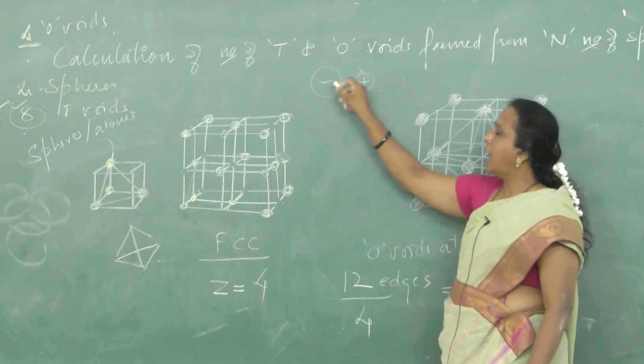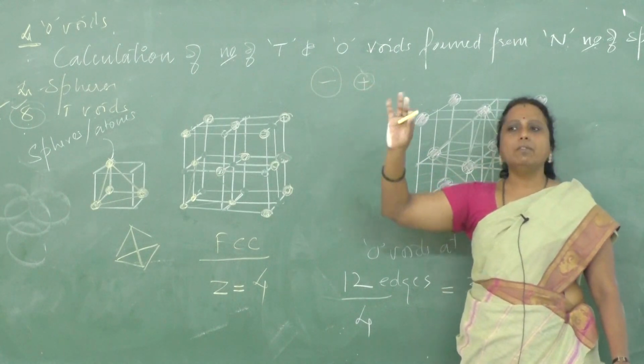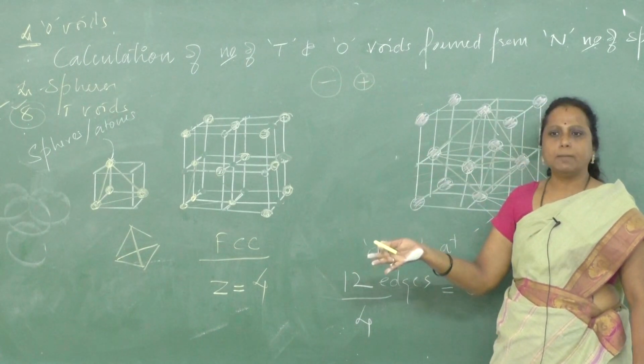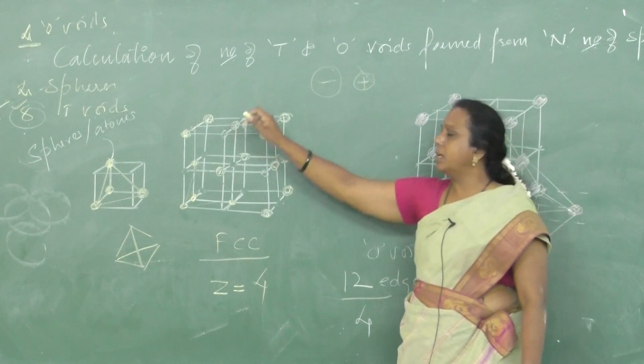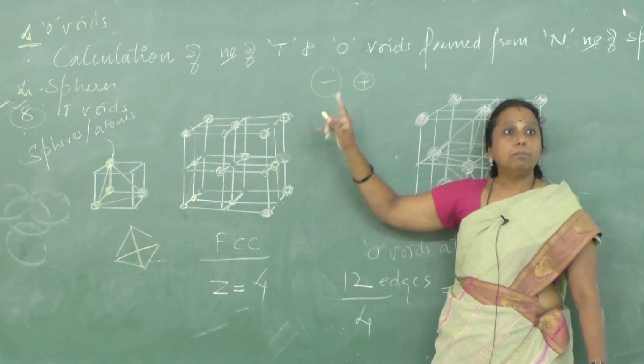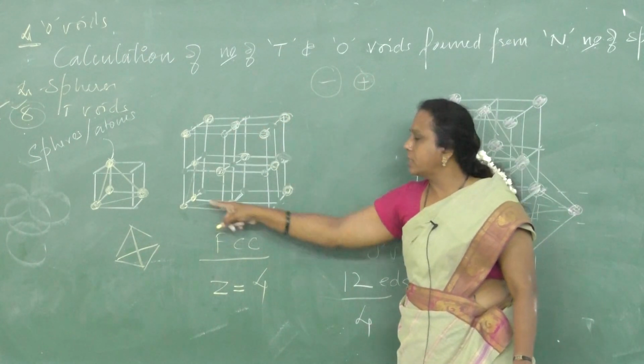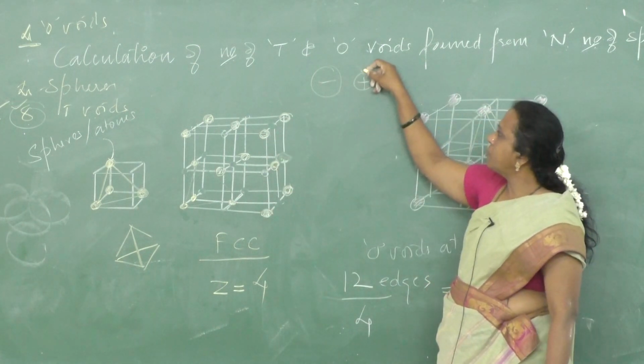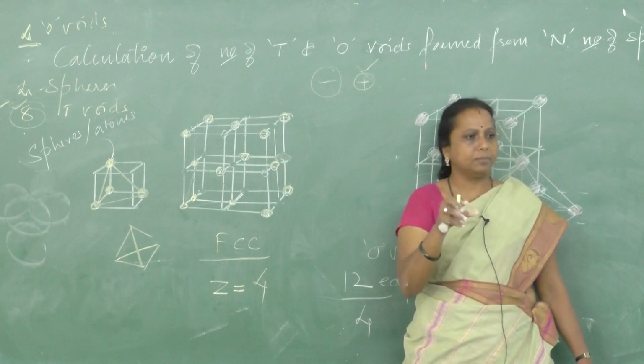Cation is smaller, anion is bigger. The bigger sphere forms the lattice of this type, and the smaller sphere will occupy the void.